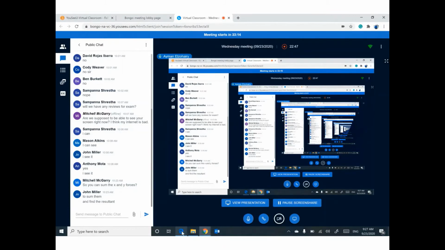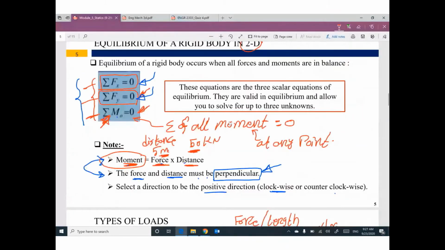Guys, I told you we have 2 equilibrium equations. We need to apply the first equilibrium equation, which is summation of all forces in x direction equals 0, and summation of all forces in y direction equals 0.